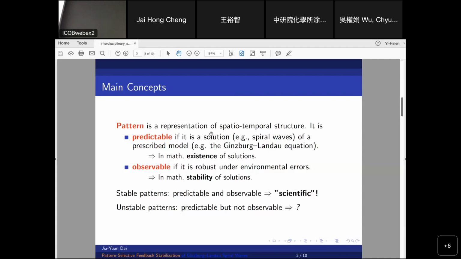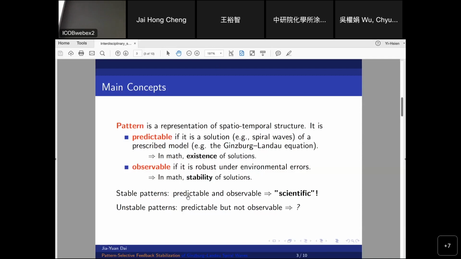So if I have a Ginsburg-Landau equation, it's a partial differential equation, it's very difficult, annoying, but it's just an equation. But with this model, if it's a solution like spiral wave, then I call it a predictable pattern. And in mathematics, the predictivity is about the existence of solutions.